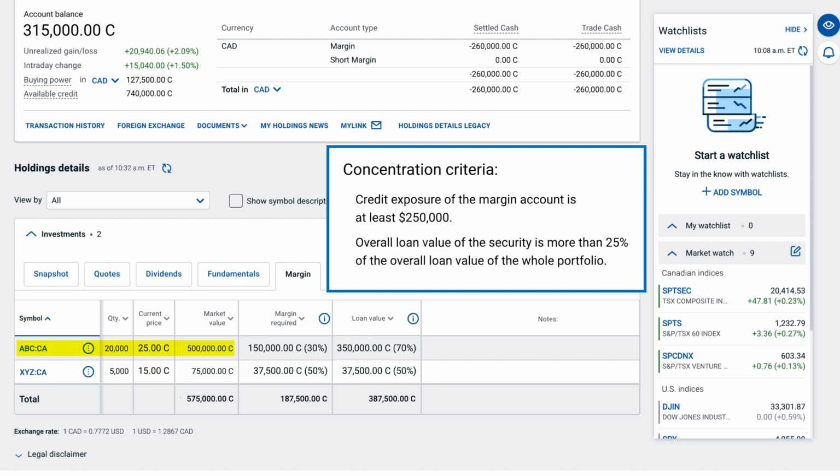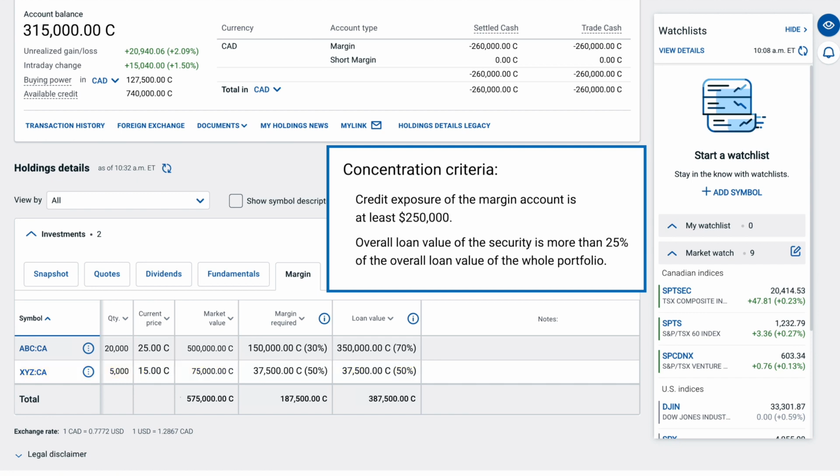For stock ABC, we have a $500,000 market value, and at a 70% loan value rate, we get a loan value of $350,000. For stock XYZ, we have a $75,000 market value, and at a 50% loan value rate, we get a loan value of $37,500.